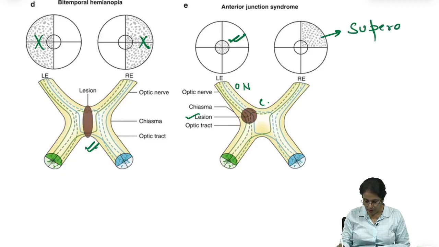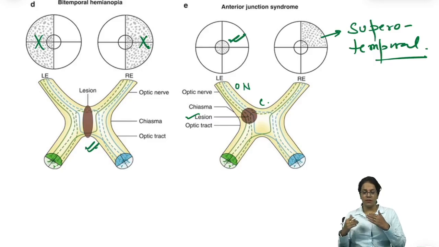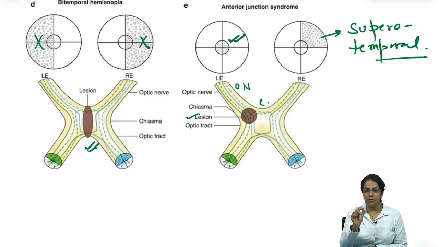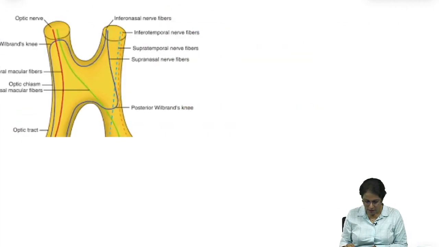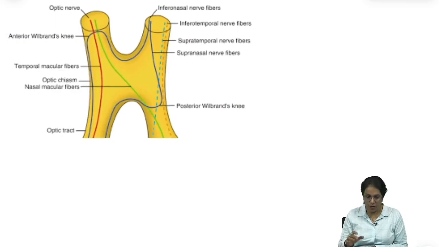superotemporal quadrantopia. Now, why so? This is important. I just told you that the anatomy is opposite to the field defect. So, when I am saying superotemporal quadrantopia, it means the fibers that are involved will be inferonasal. Let us understand here, this is normal anatomy in the chiasma.